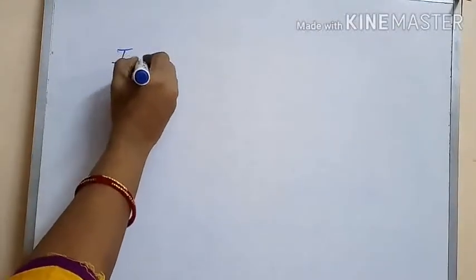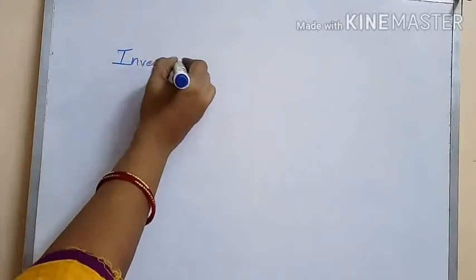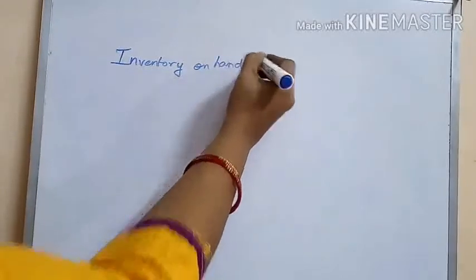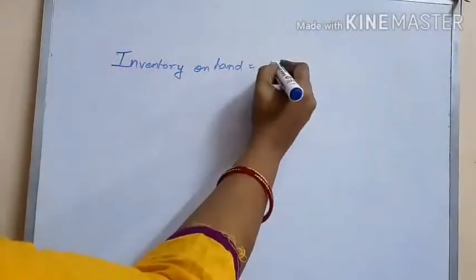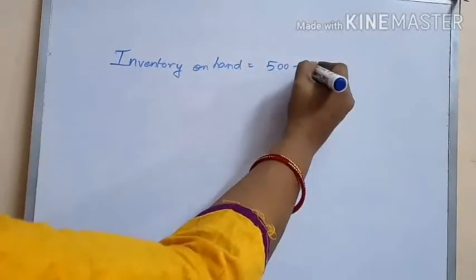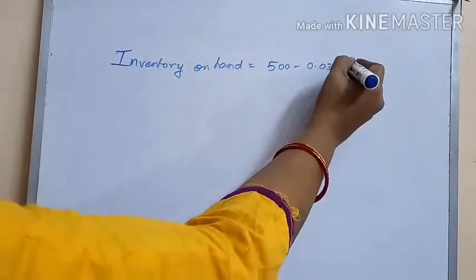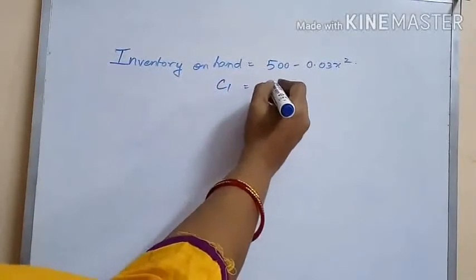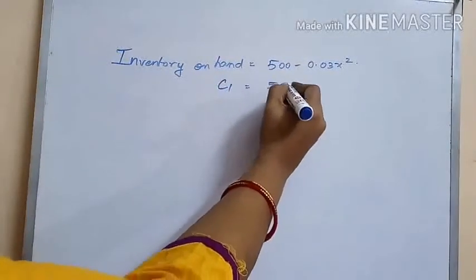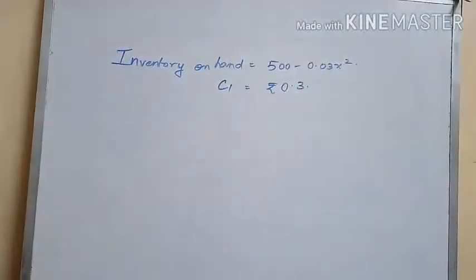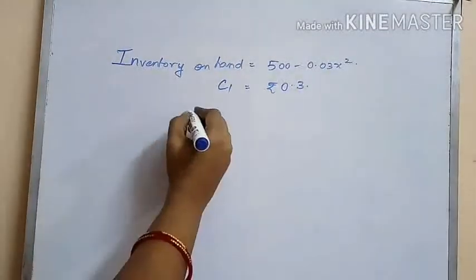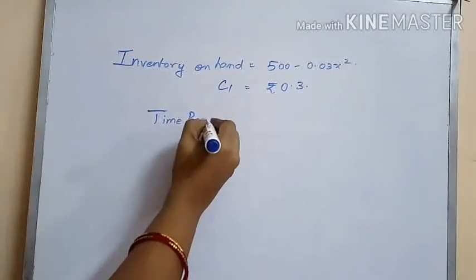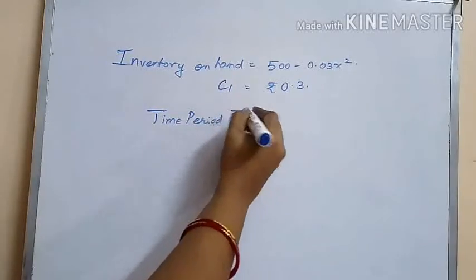Here we are given that the inventory on hand I(x) is equal to 500 minus 0.03 x squared. Holding cost C1 is equal to rupees 0.3. And the time period T is given to be 30 days.